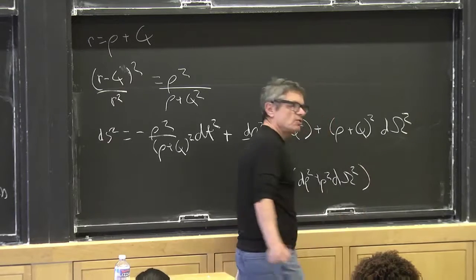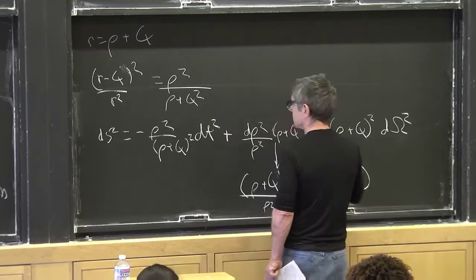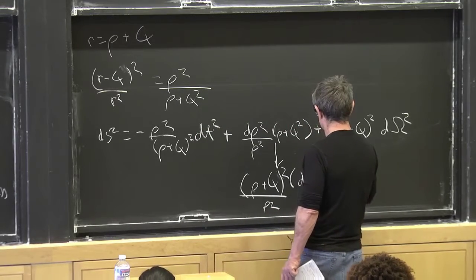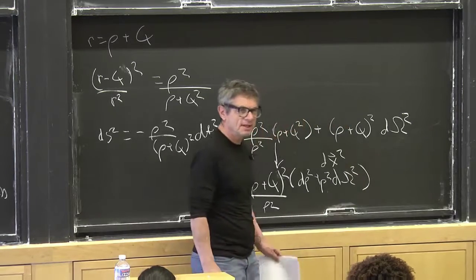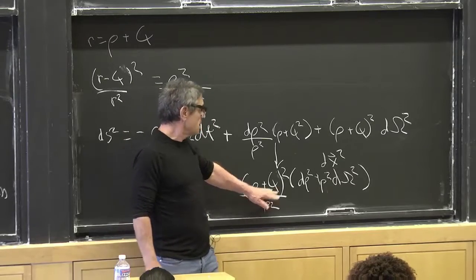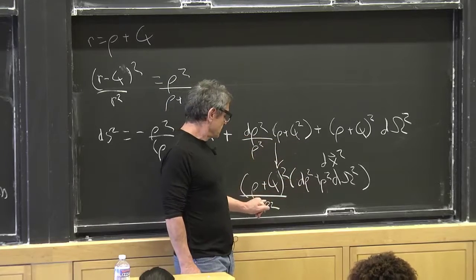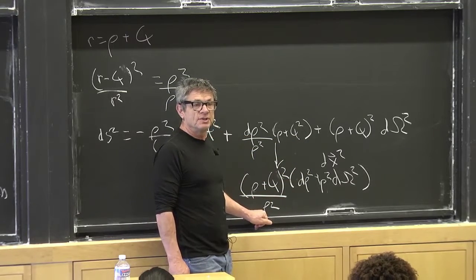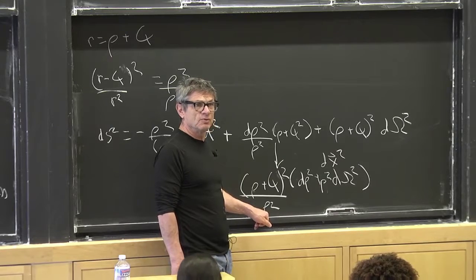And the reason I want to do that is that this is just dx squared. This is just the flat metric. So in these coordinates, the spatial metric is flat times a conformal factor, which is diverging at the horizon, which is rho equals 0.